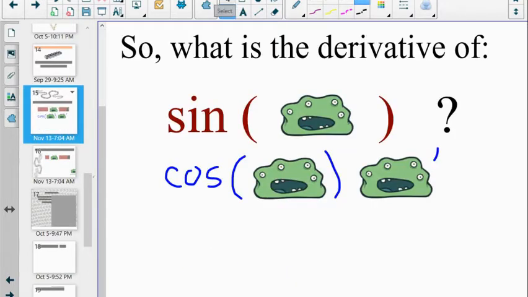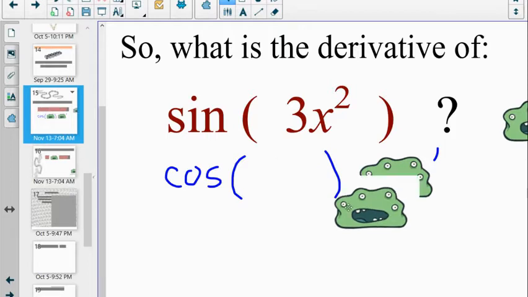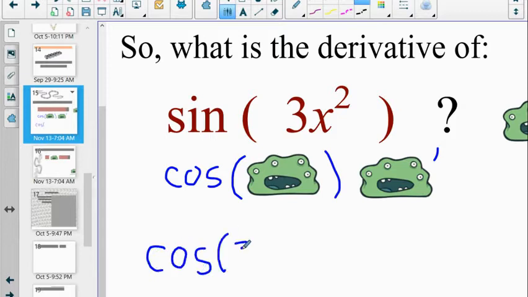Well, if I tell you that slime is a function that we know how to differentiate, like 3x squared, then slime is 3x squared, so our derivative would be cosine of 3x squared, cosine of slime, times slime prime. Well, if the slime is 3x squared, then slime prime is 6x.